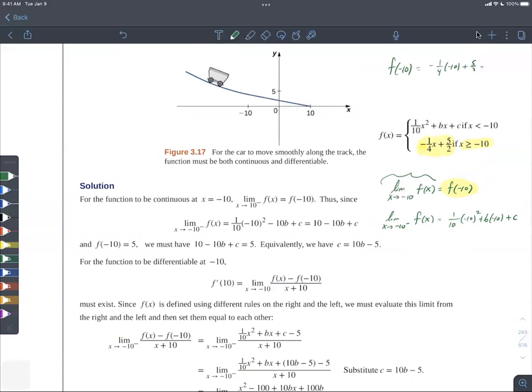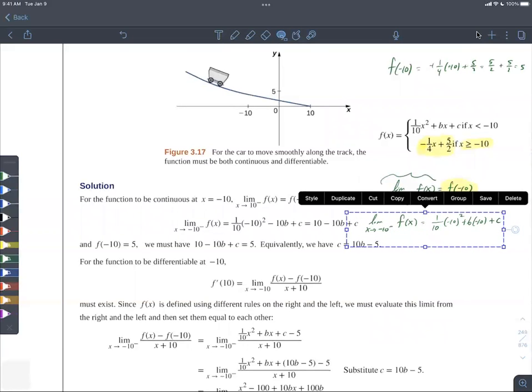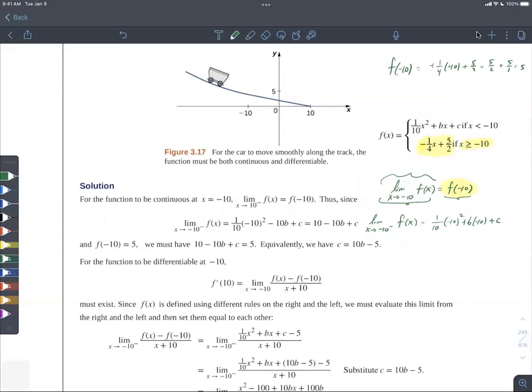Negatives cancel, and we get 5/2 plus 5/2, which is 5. So notice earlier that we said the limit needs to be equal to f of -10. Well, the limit from the left-hand side, we just wrote down here, and this needs to be equal to f of -10, which is 5.